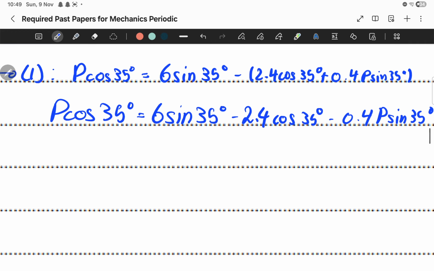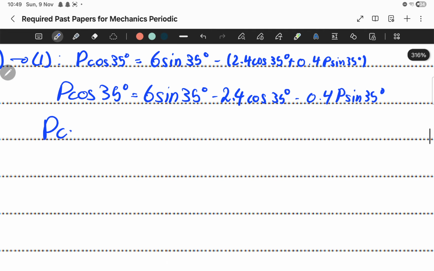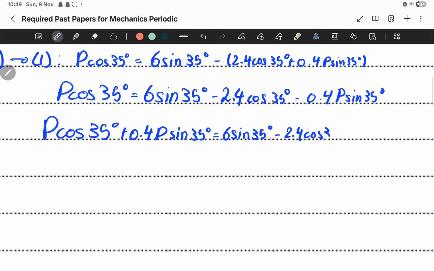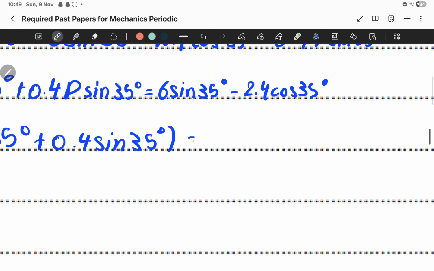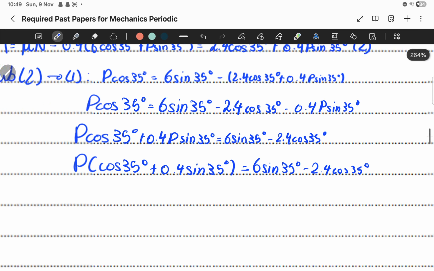So p cos 35 degrees plus 0.4 p sine 35 degrees is equal to 6 sine 35 degrees minus 2.4 cos 35 degrees. Now I can factor p out: p into cos 35 degrees plus 0.4 sine 35 degrees is equal to 6 sine 35 degrees minus 2.4 cos 35 degrees. I'm just rearranging. This is just algebra.